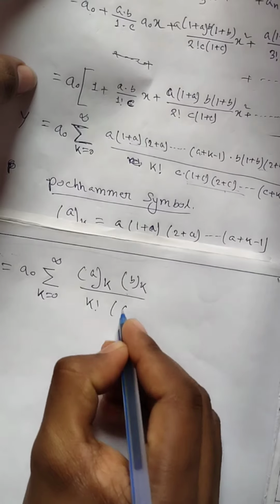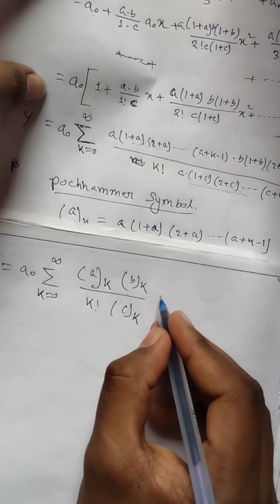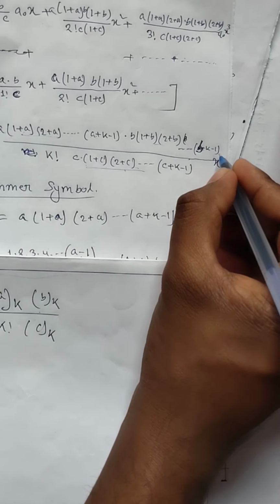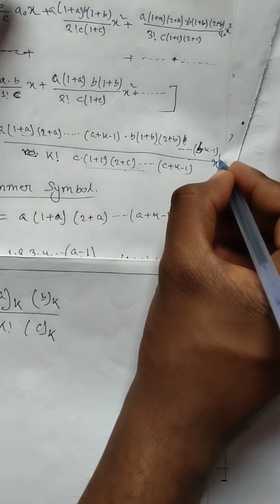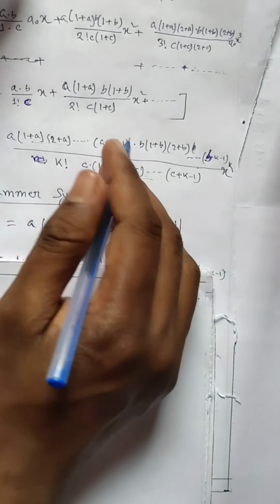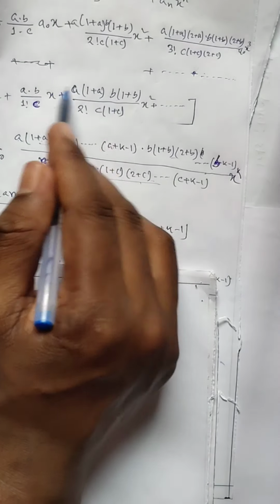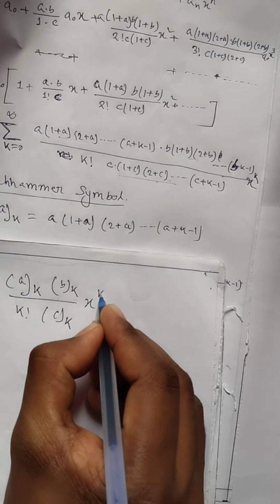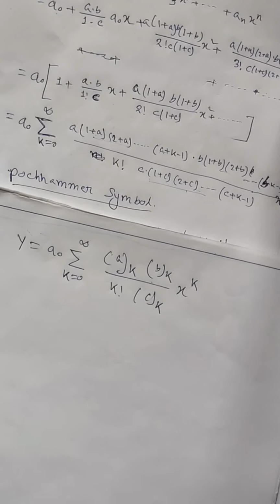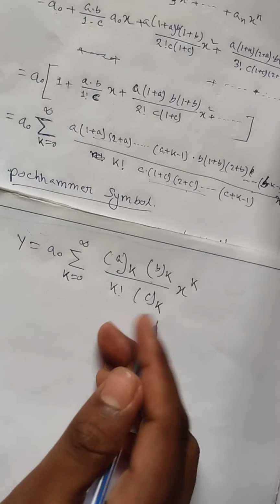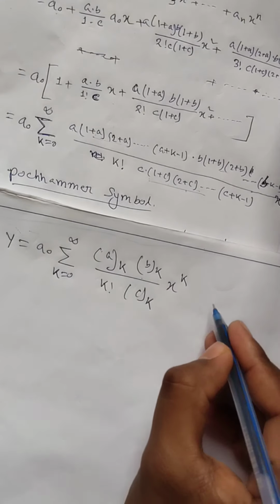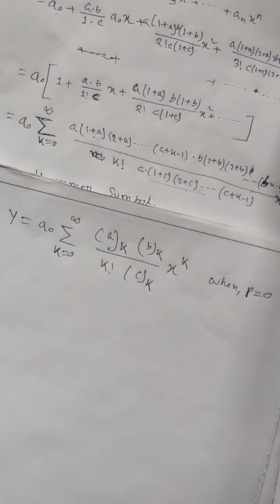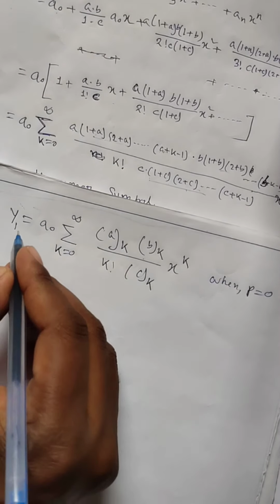Okay, and here we get, sorry, x to the power k, because this series can be written like this. Okay, so this is one solution for the case p equal to 0. So this is y1.